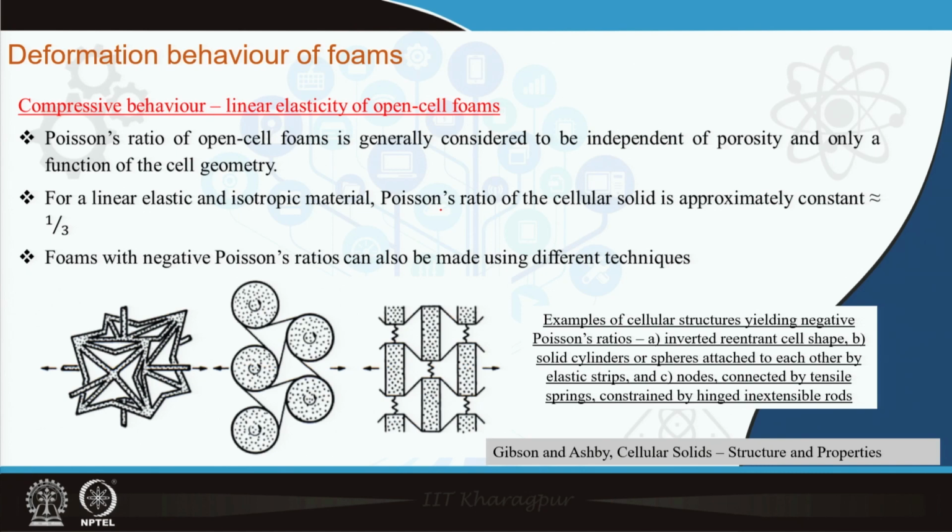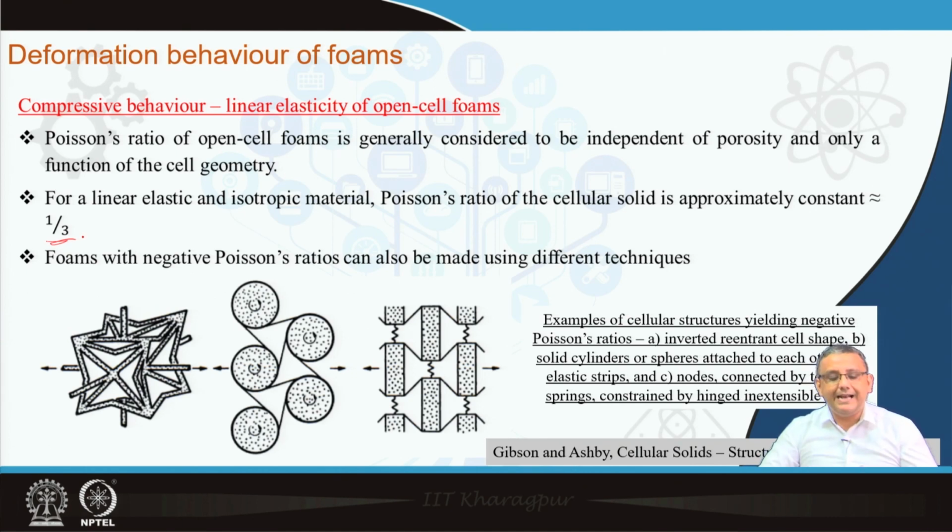If we know Young's modulus and shear modulus, we can calculate the Poisson's ratio from there. For cellular solids, Gibson has proposed that the Poisson's ratio is not dependent upon the porosity, and it remains more or less constant at around 1/3. That means the Poisson's ratio of the cellular solid, according to the Gibson Ashby model, is very close to the Poisson's ratio of the bulk material from which the cellular solid is fabricated.